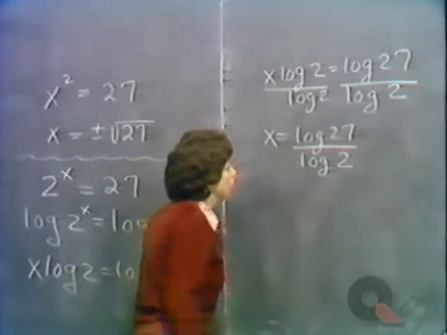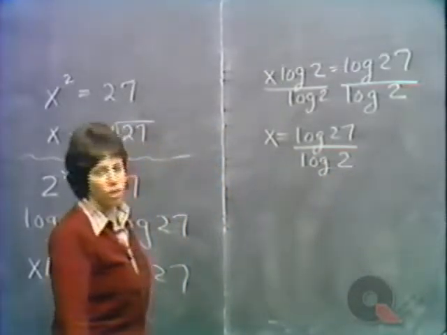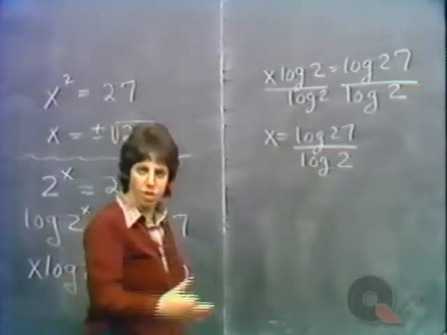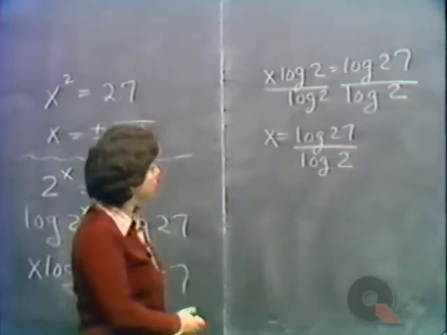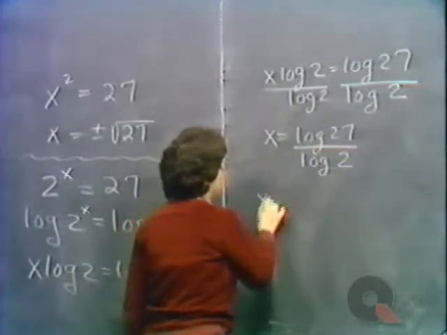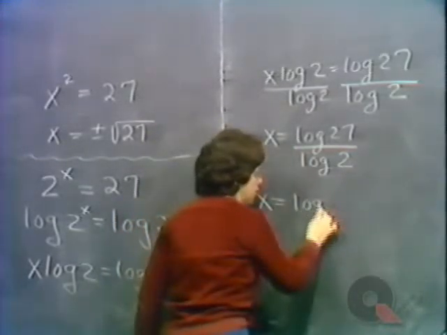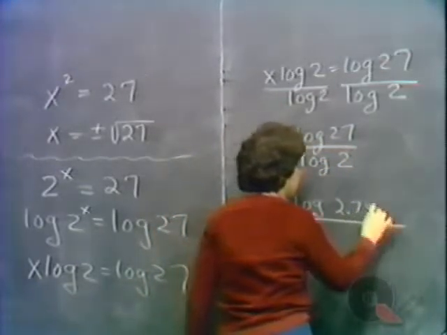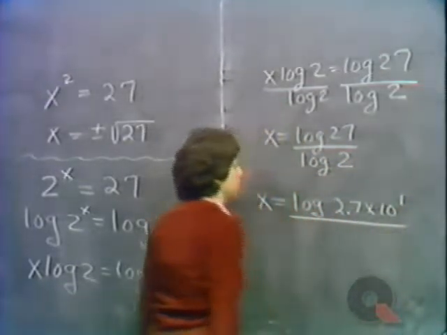In an earlier videotape, we learned how to find the common logs of numbers. Remember, your tables are in the back of your book, or you can get a table from the person who's running the math lab. Now, the log of 27 we would write as the log of 2.7 times 10 to the first power.